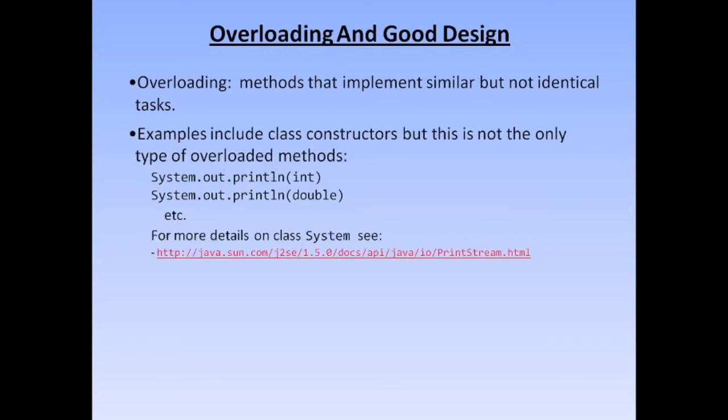Now there are examples in which Java, as a programming language, has overloaded forms of methods. A very easy example is println. That println function prints an integer as well as a double as well as a string.